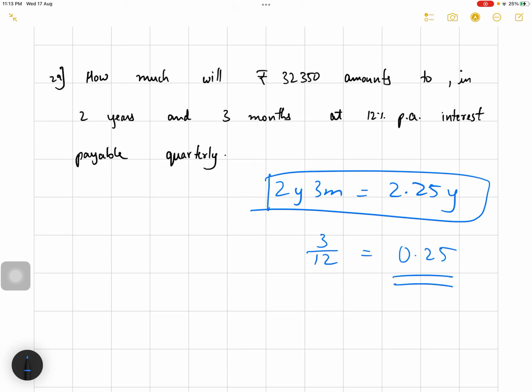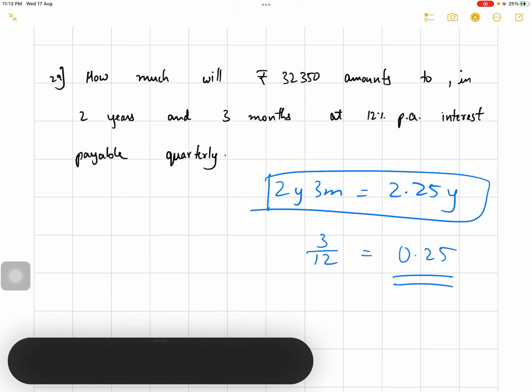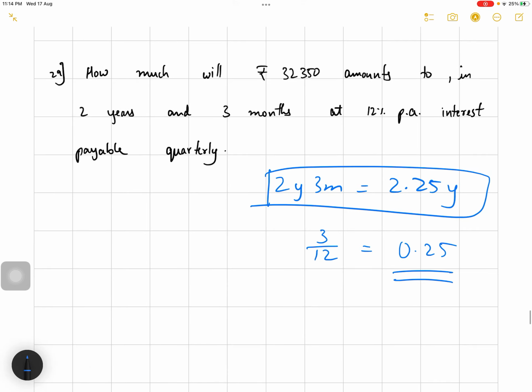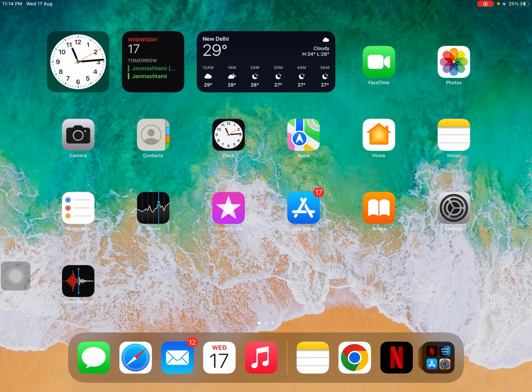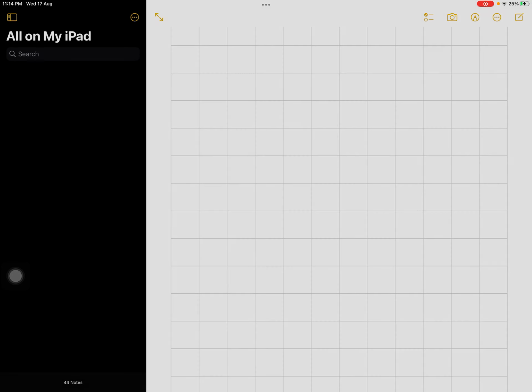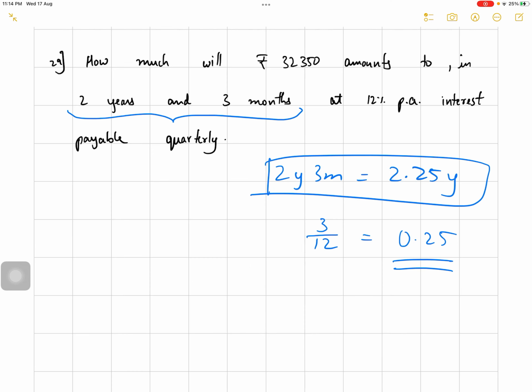So 3 months means 0.25 year. I just converted 2 years 3 months into years.